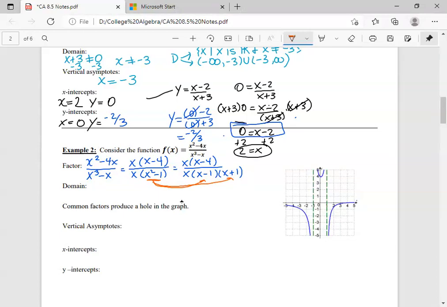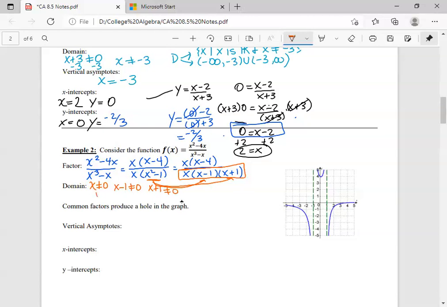So the domain potentially has some problems. The problems in the domain could occur when we are looking at our denominator. So we could have a problem. x is not supposed to be equal to 0. x minus 1 is not supposed to be equal to 0. And x plus 1 is not supposed to be equal to 0. Those three things.